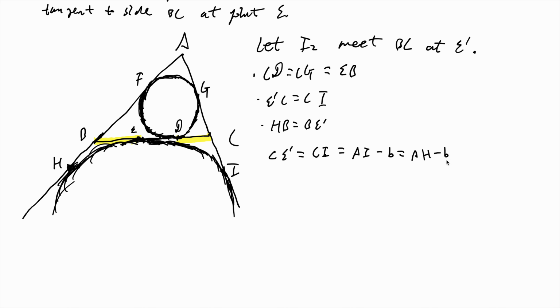H minus B. Wait, no, this only works when this is an isosceles triangle.